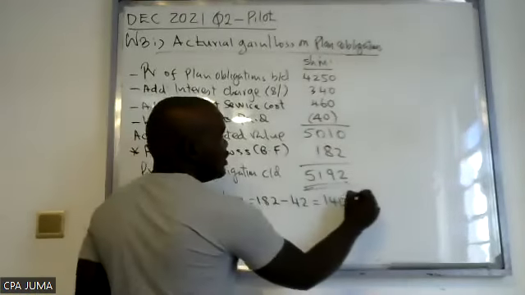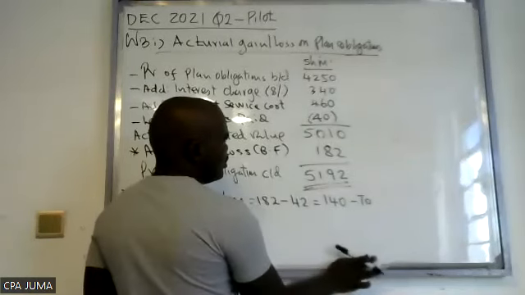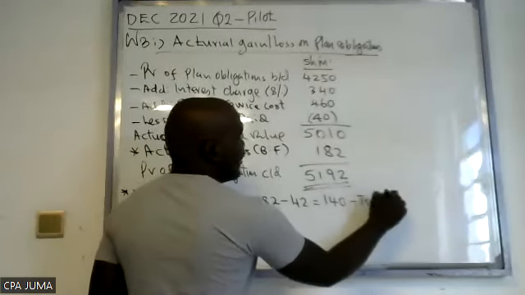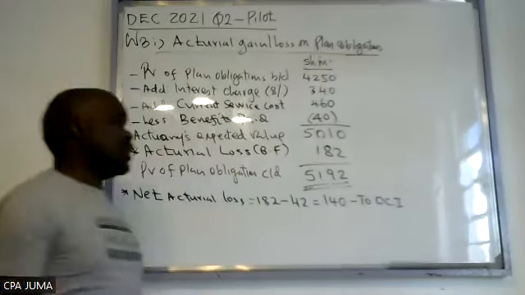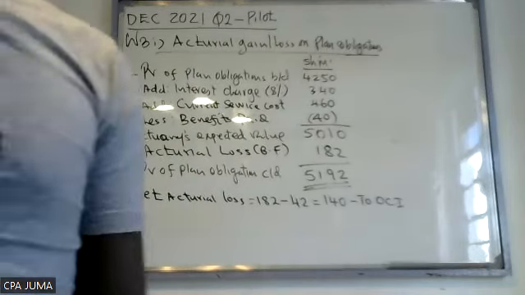This one will go to net actuarial loss. This one should go to other comprehensive income. A loss like this we do not take to P&L, it goes to other comprehensive income.